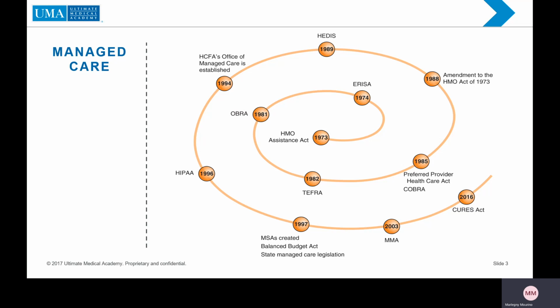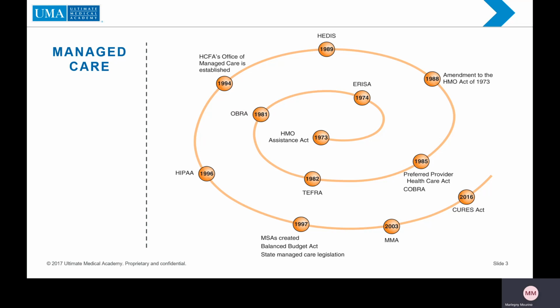A couple of years later, in 1985, we have the Preferred Provider Healthcare Act. Yes, our PPO. What this act did is it eased the restrictions on preferred provider organizations, or PPOs. It also allowed subscribers to seek healthcare from providers outside of the PPO.